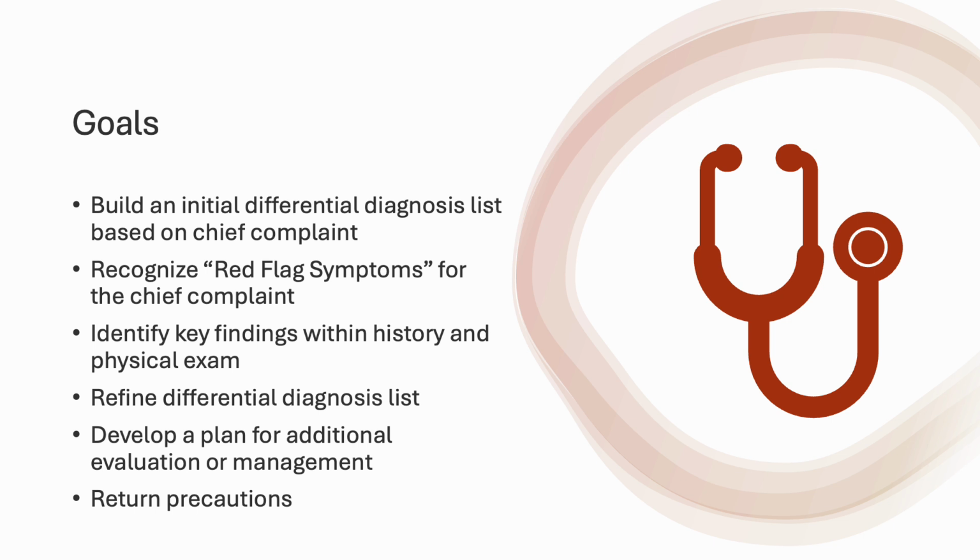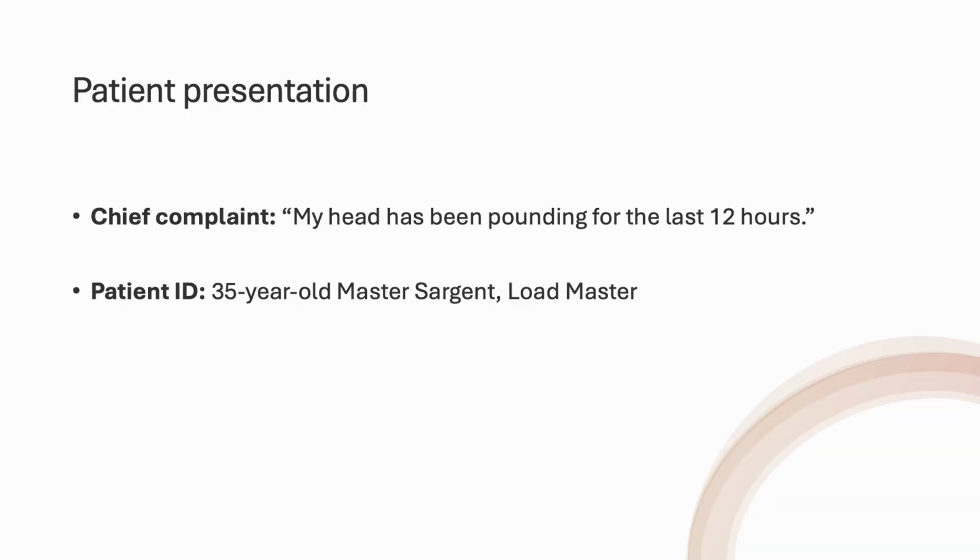We'll refine that differential diagnosis based on our findings and then develop a plan for any additional evaluation or management of this patient's acute complaint. And talk a little bit about what things we need to let them know to watch out for that would indicate a need to return to see us sooner rather than later.